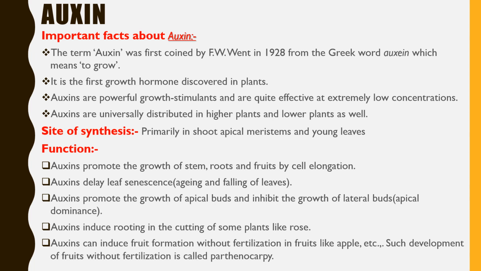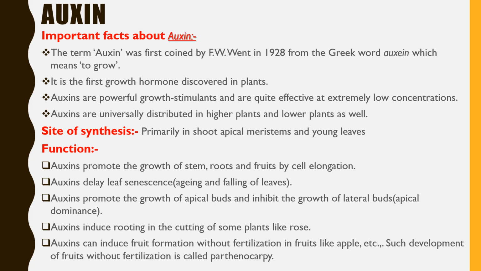Auxins induce rooting in the cutting of some plants like rose. If we take a cut stem of rose and sow it in the soil, then it will start giving out roots. That is due to the effect of auxin.